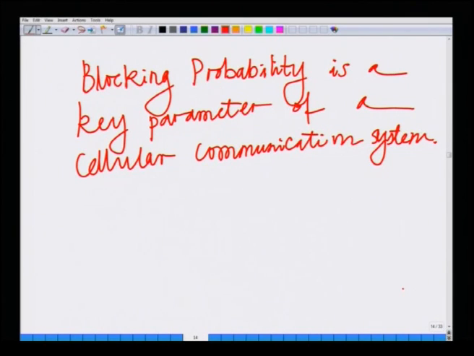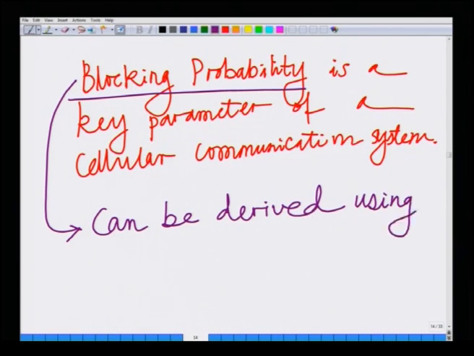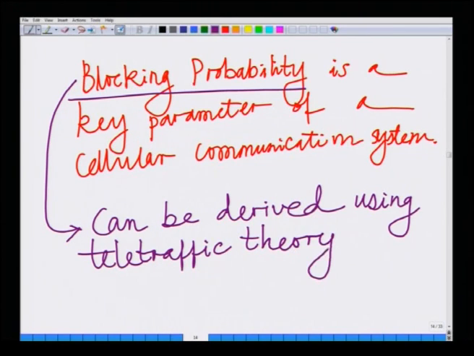It can essentially be derived using teletraffic theory, and we would like to do this.